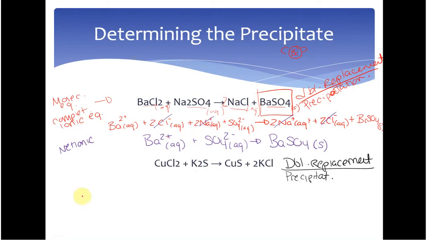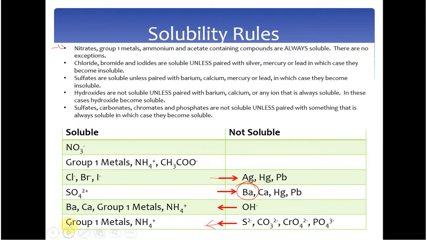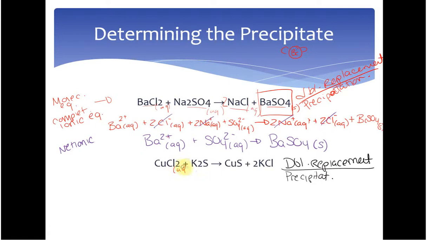Let's find our precipitate. Now remember, a precipitate has to be on the product side, but we're going to go ahead and find the state of matter for all of these. Chlorides are soluble unless there was silver, mercury, or lead, so this guy has to be aqueous. Group 1 metal makes the sulfide soluble. Sulfides are insoluble. Copper cannot change this, so this is going to be our solid or our precipitate. Group 1 metal chlorides both want to be aqueous. So this is our molecular equation.